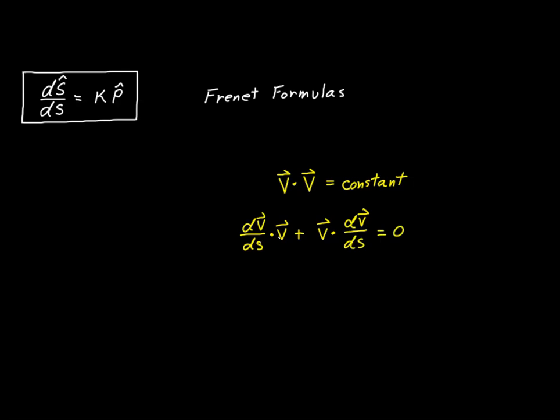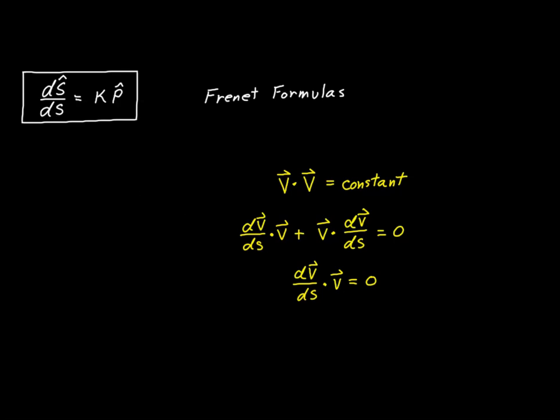The dot product is a commutative operation, so these two terms are equal. Therefore, that leads to the fact that dv/ds dotted with the vector itself has got to be equal to 0. So any vector is orthogonal to its derivative if its magnitude is constant. That's a general property that we can make use of over and over again.